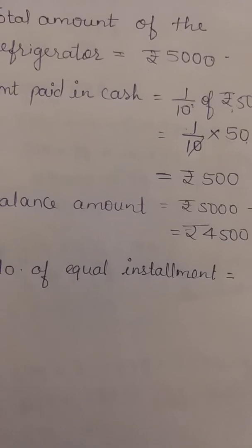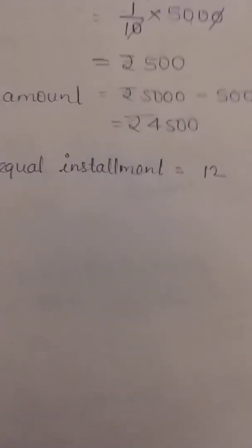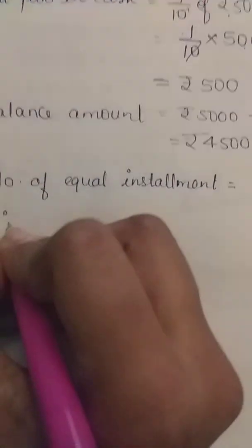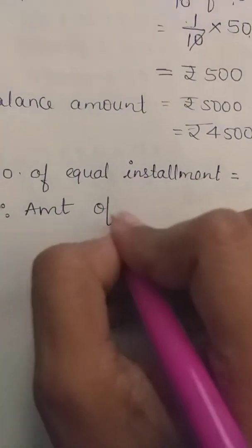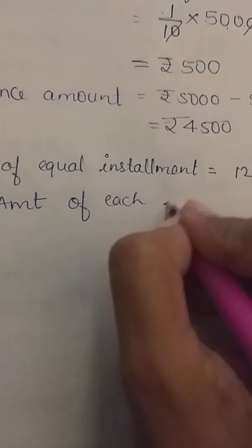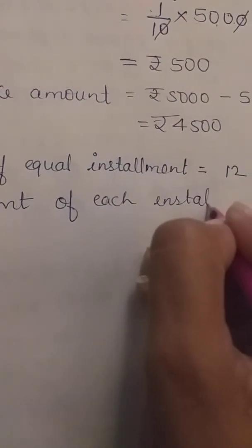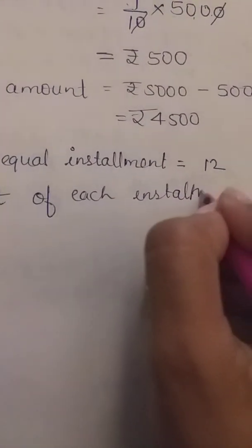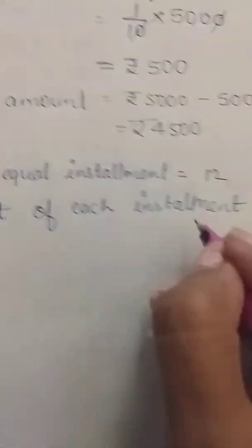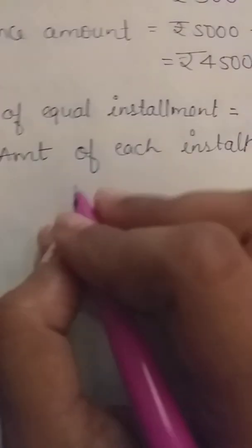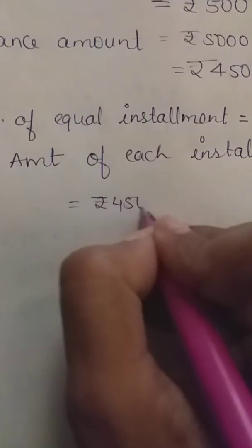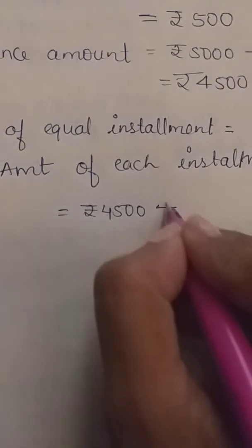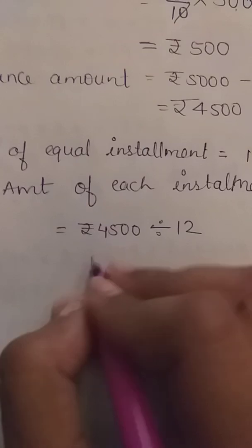Therefore, the amount of each installment is equal to rupees 4,500 divided by 12.